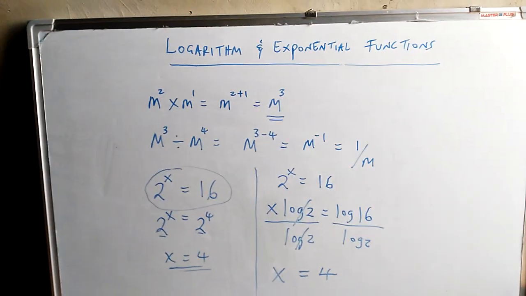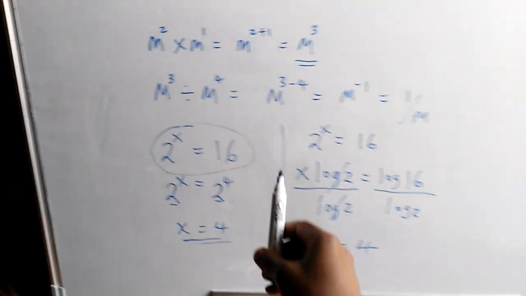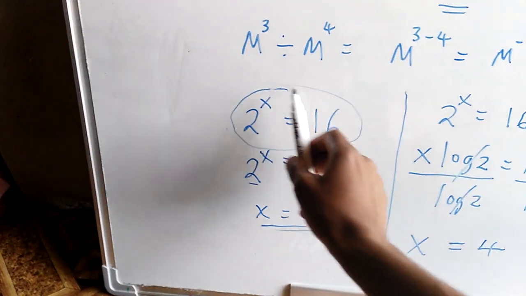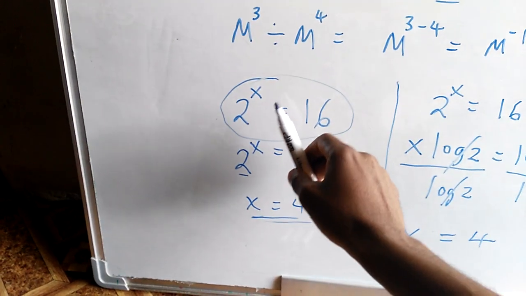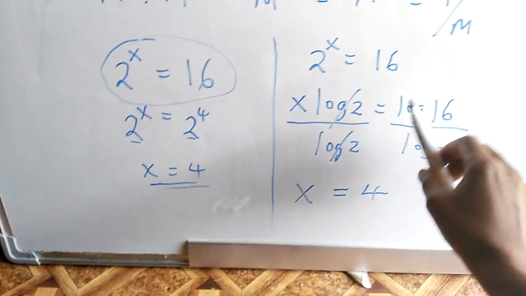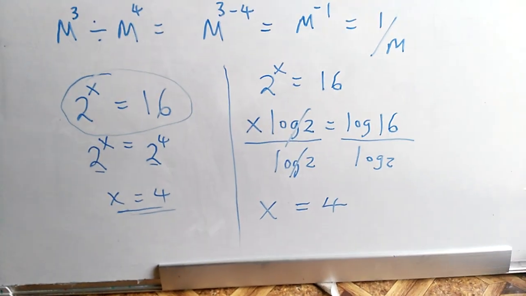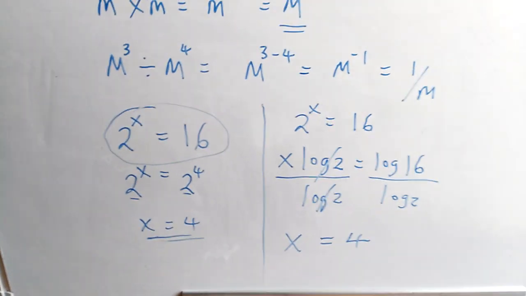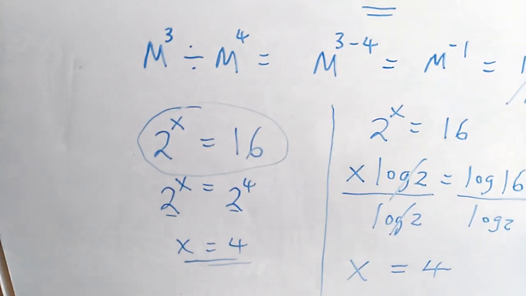Try that one using your calculator. We are combining exponents, figures or letters raised to the power of a number or a letter, and then finding the equivalent using the logarithm. So we can solve any equation using either exponents or logarithm.